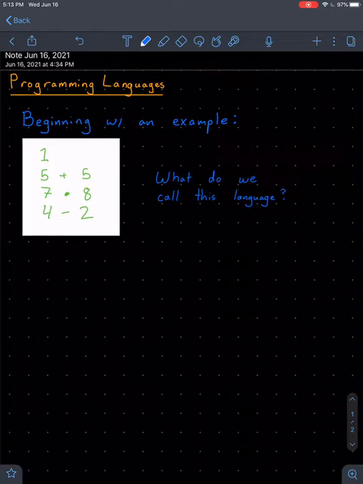Does anyone know the name of numbers and operations on numbers? Not quite algebra. Algebra works on top of this, strictly speaking, or algebra is when I start throwing symbols into it. Yeah, Brian comes in with it. It's called arithmetic, right? So this is like arithmetic.